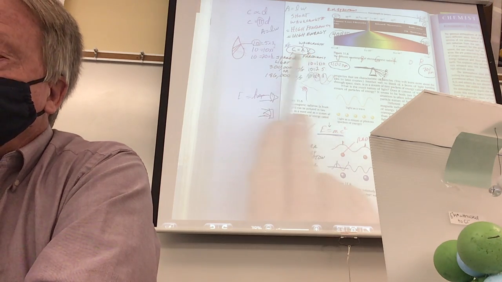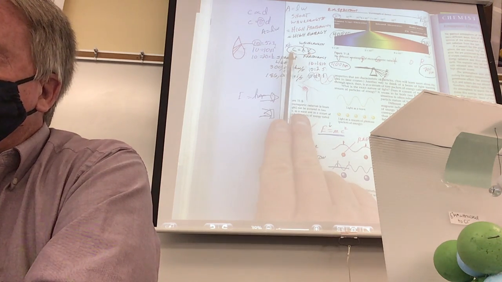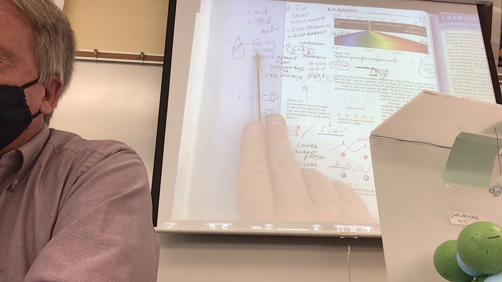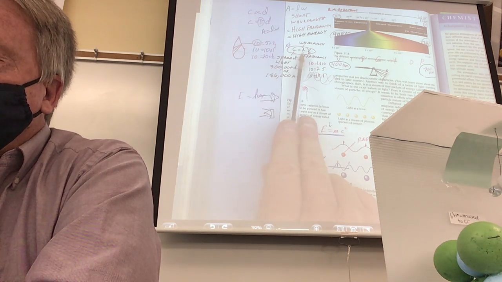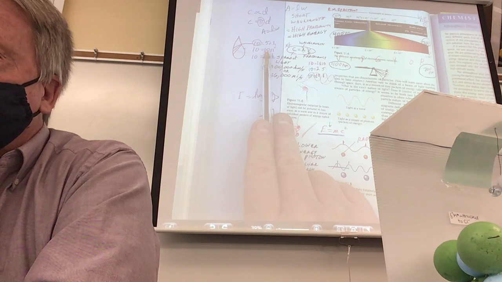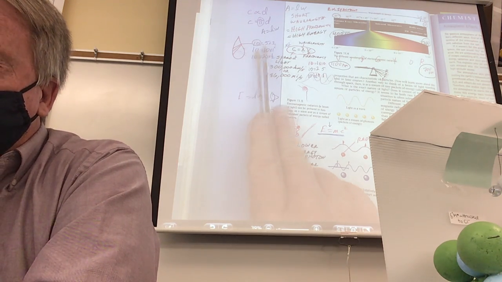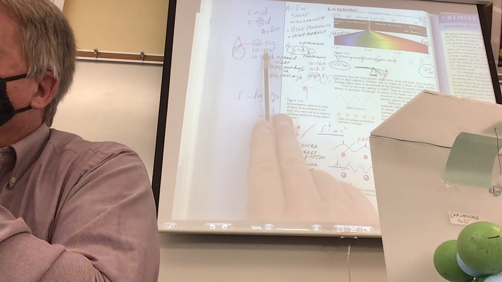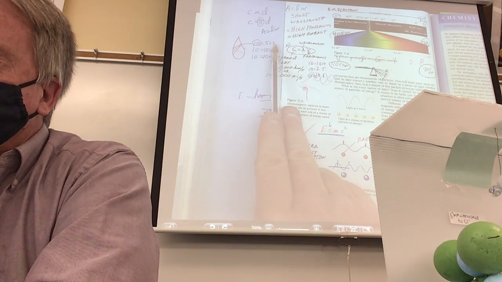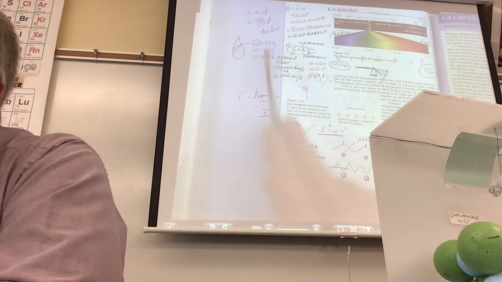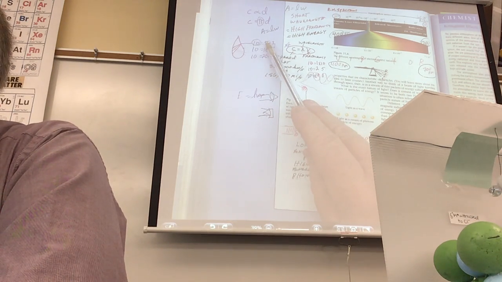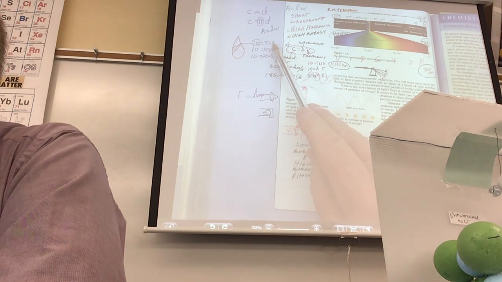Watch what happens. If this is a constant, then I'm going to leave it as 10. But I'm going to make the wavelength get twice as big, 2 times bigger. Now, if that has to stay at 10, and I made this get 2 times bigger, what does happen to the frequency in order for this to be true? One more time. 5 is the wavelength, 2 is the frequency.